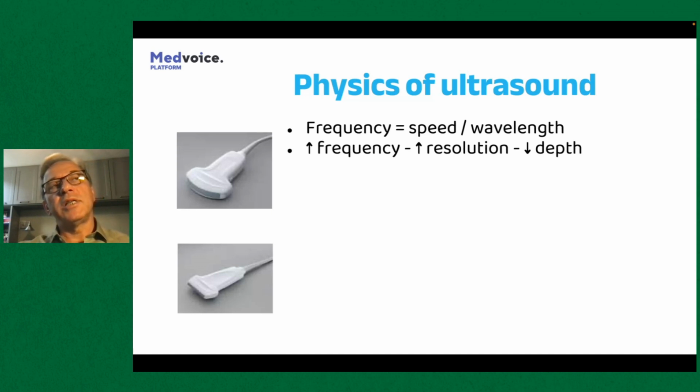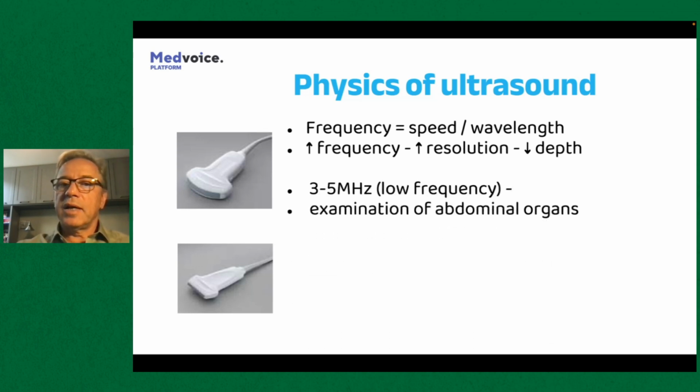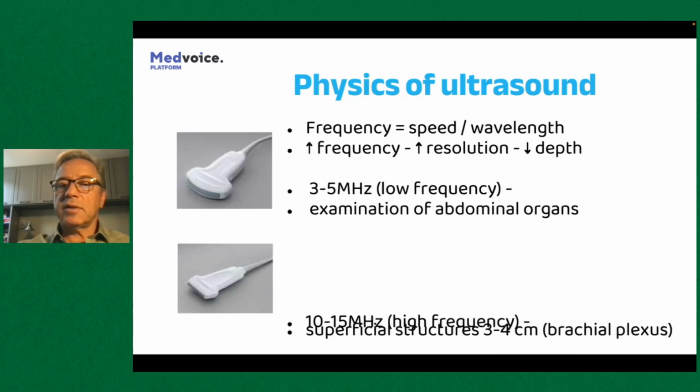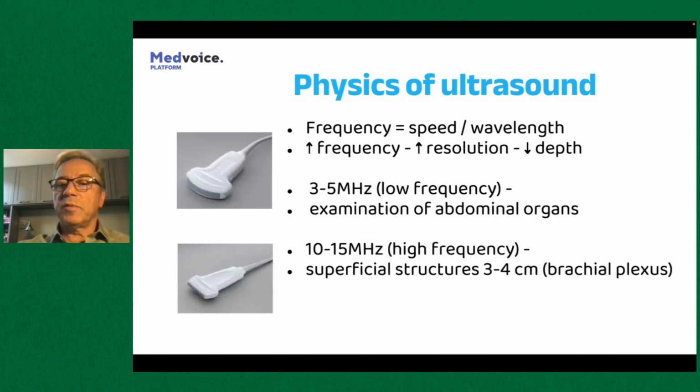If you want to look deeper, you need to reduce the frequency, which will increase the depth but reduce the resolution. So for examination of the abdominal organs, we use lower frequencies, but for superficial structures like nerves, brachial plexus, and so on, we use high frequency.